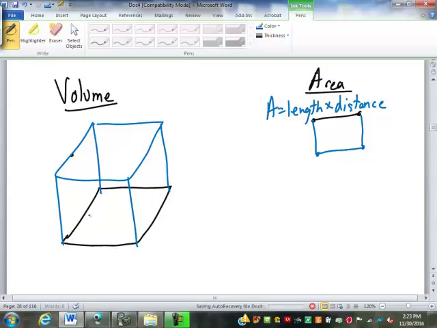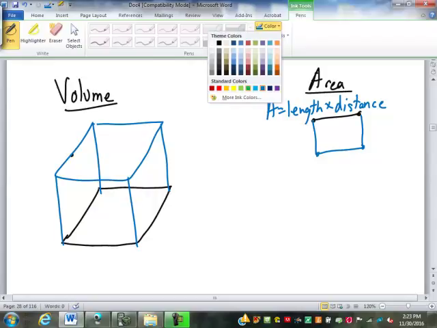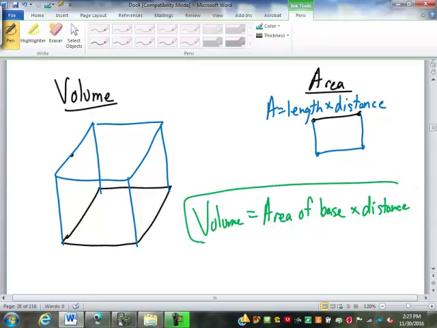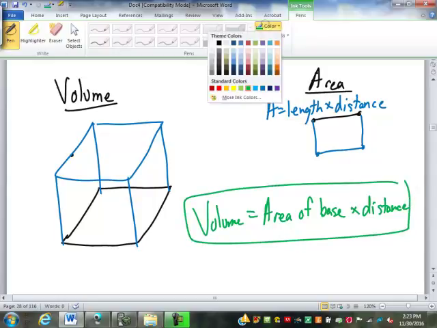And the volume of that box depends on the area of that original rectangle. We call that the area of the base, because that rectangle is what it was based on, times the distance we moved it. Just like with area, that distance is sometimes called height, sometimes called width, but we're going to leave it in our generic formula as area times distance.